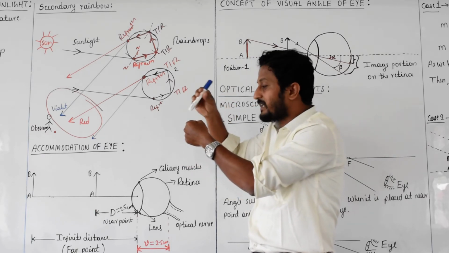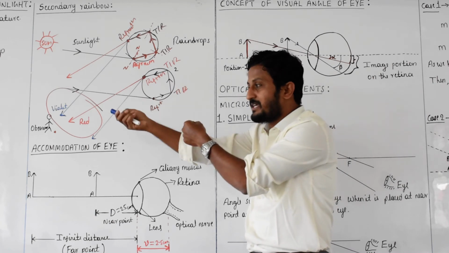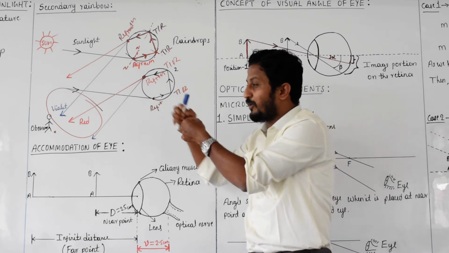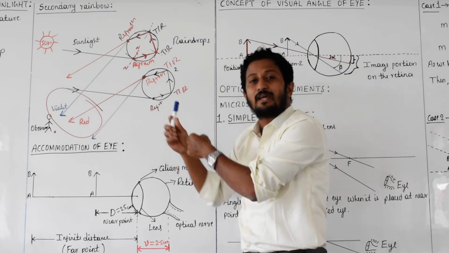If this object is beyond that near point, between the near point and infinity, then I am able to see it. What is happening?